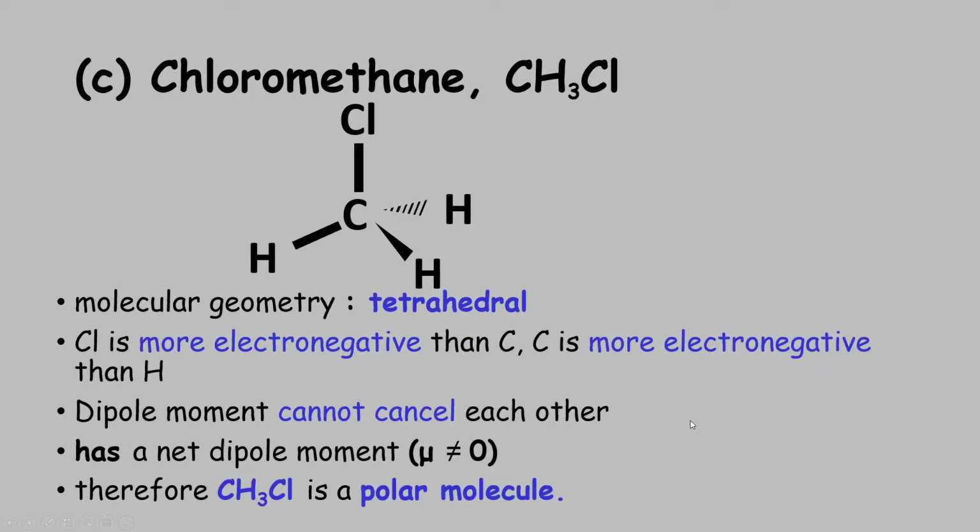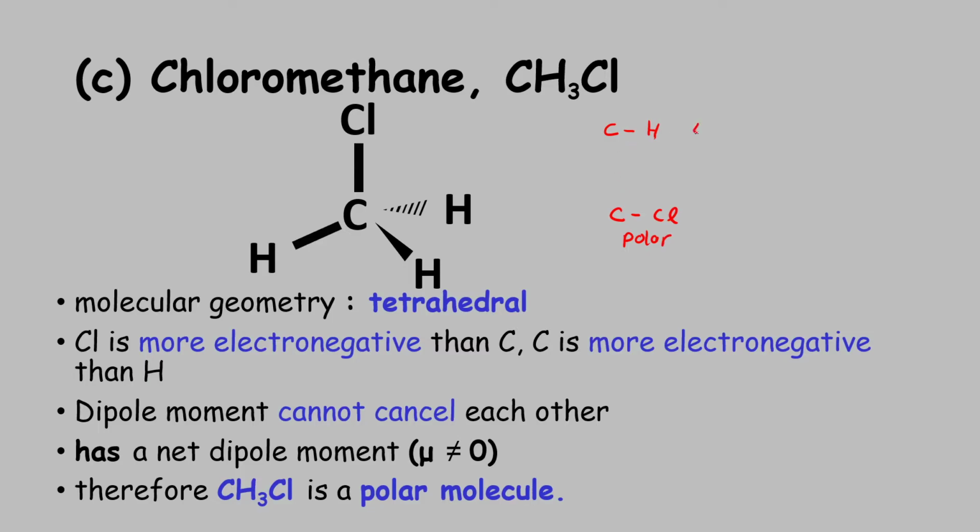Okay, we'll go to chloromethane. Same geometry, it is tetrahedral, but why this time do we get a polar molecule? Because if you look closely, we have two different types of bonds. We have C with H and C with Cl. And we know C and Cl is polar.